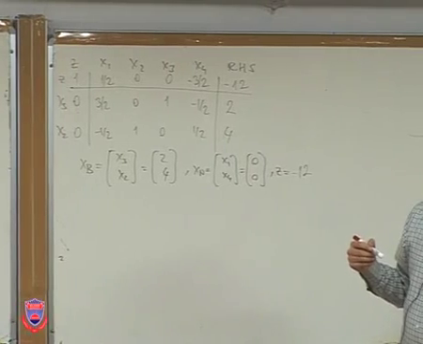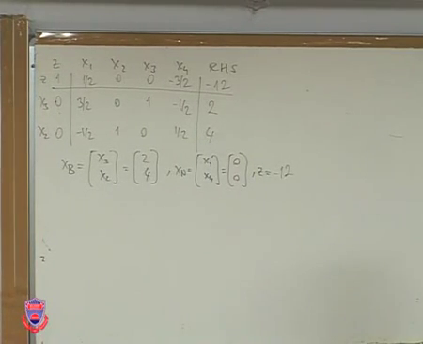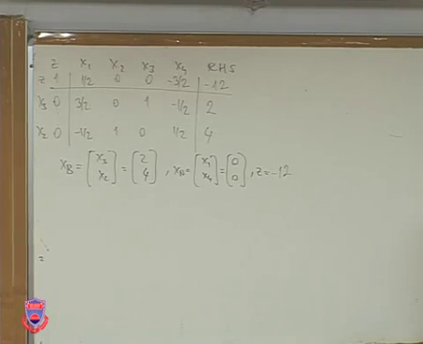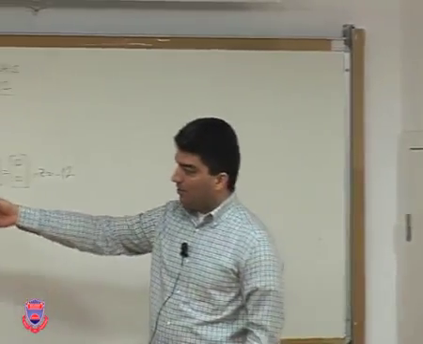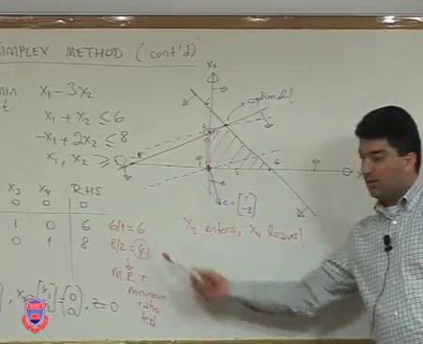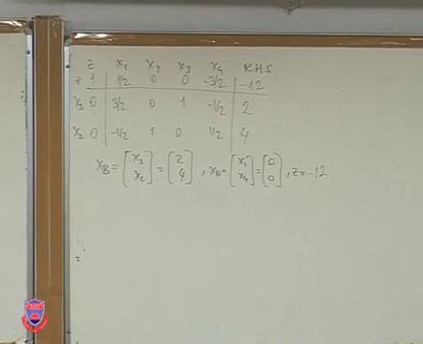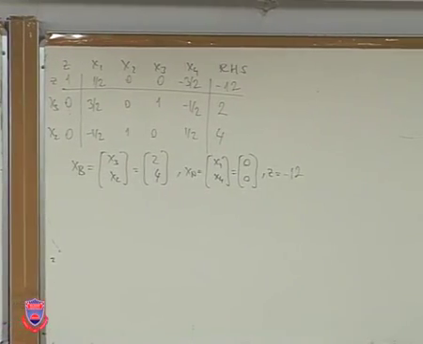Well, if you think about this a little bit, it's no coincidence at all, because the ratio tells me the largest value x2 can take while still staying in the feasible region. Since I want to increase x2 as much as I can, the new value of x2 should be the same as the largest value it can take. So the new value of x2 will be equal to 4, because 4 is the best I can do. Does that make sense?